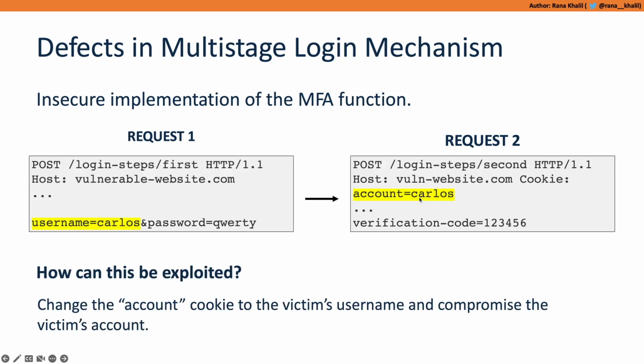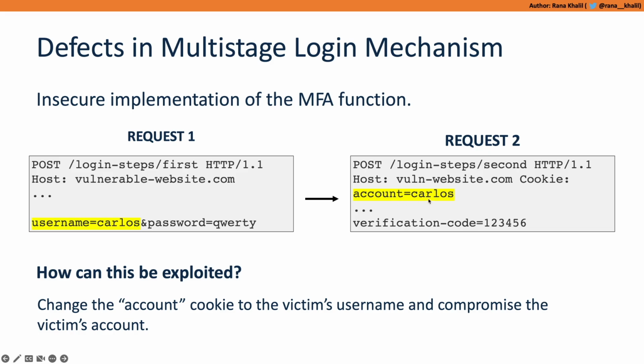Now, the issue with that is that as an attacker, what I could do is I could log into my, let's say, self-registered account. So I would put in my username and my password, and then it'll prompt me with my verification code, which I'll get on my phone. I will put in my verification code, but I'll change the cookie from my account to the account that I want to compromise.